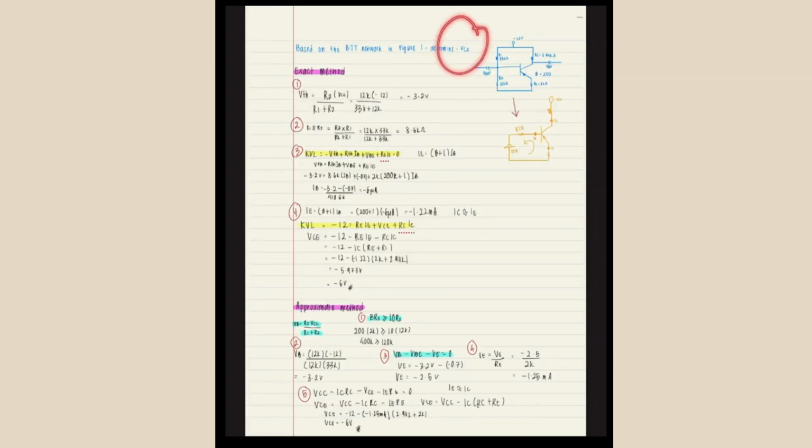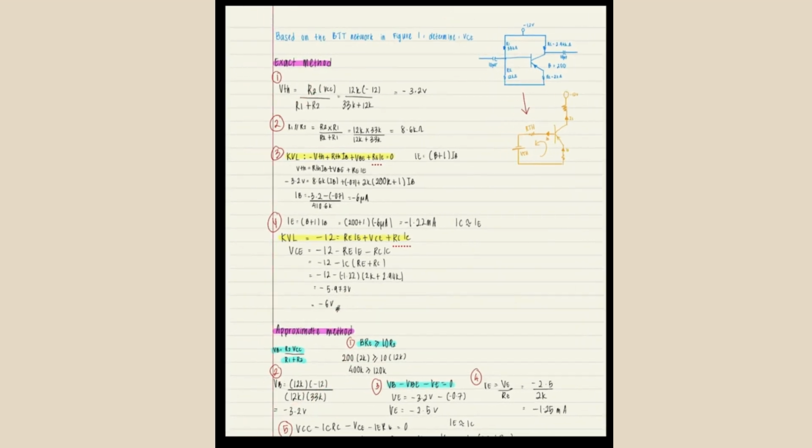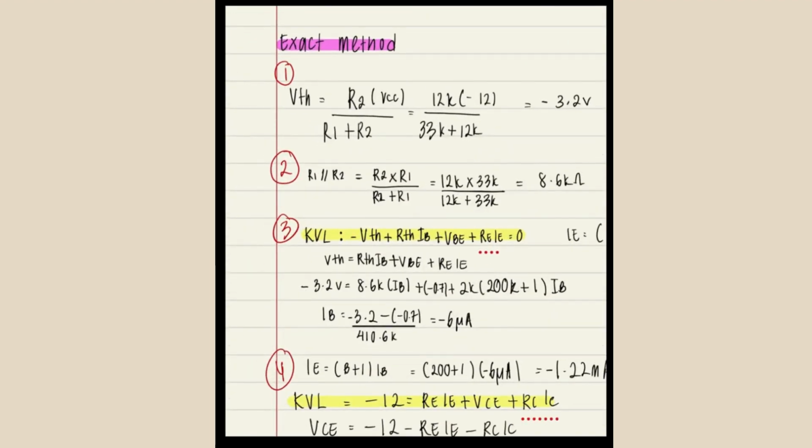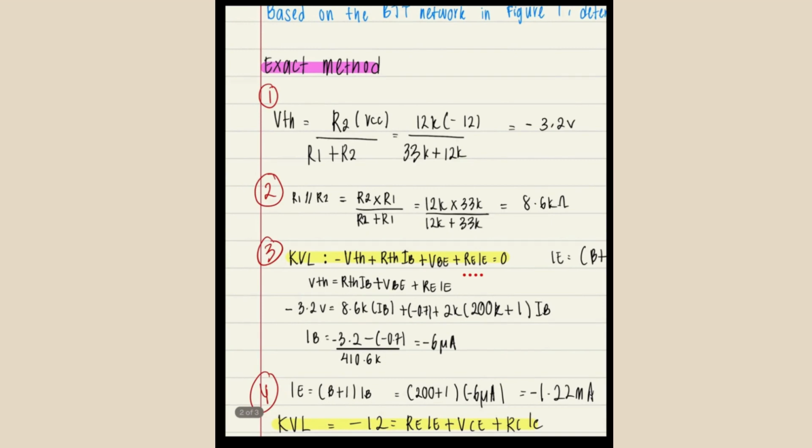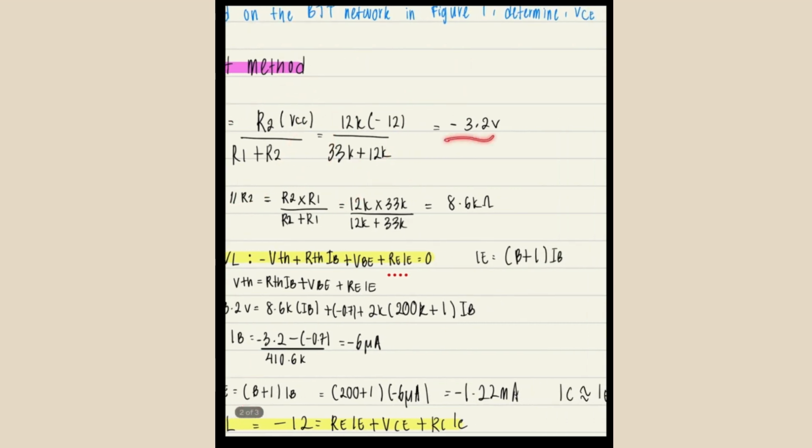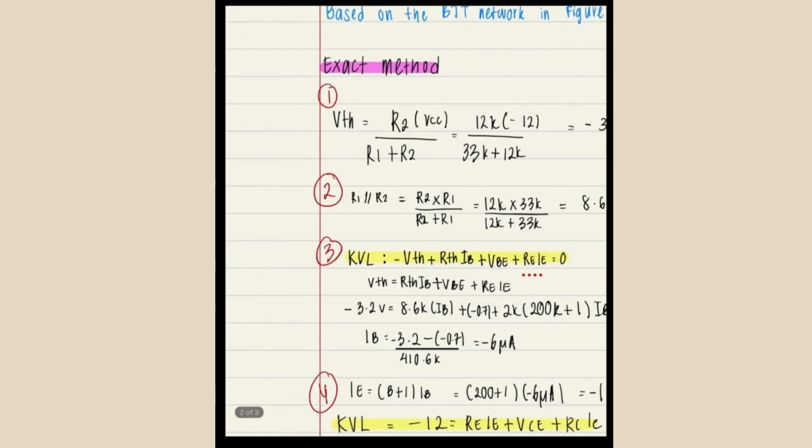We want to find the VCE by using the exact method and the approximate method. First we draw the simple circuit, and we find VTH by using R2 times VCC over R1 plus R2, and get the answer negative 3.2 volt.